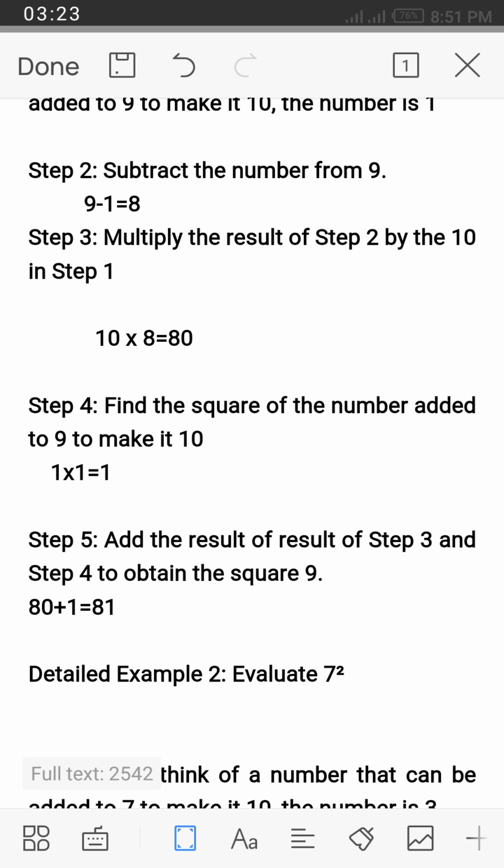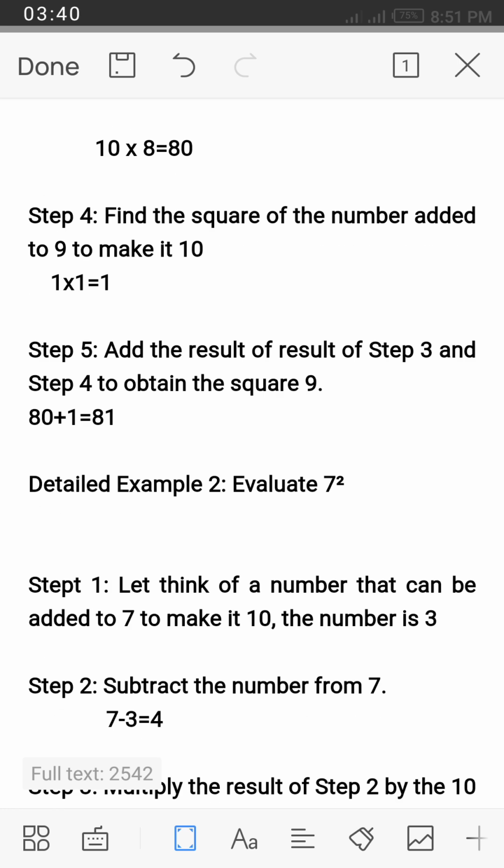Once we are done with this, you just add the results obtained in steps 3 and 4 together, and before you know it, we've obtained the result. Step 5 says add the result of step 3 and step 4. The result of step 3 is 80, and that of step 4 is 1. So 80 plus 1 gives us 81. You can see, very easy.